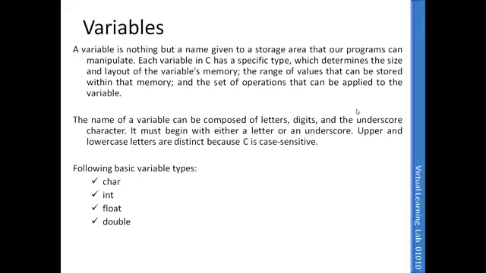If you want to go for arithmetic operations, you must use the int data type, meaning integer type. If you want to store names, addresses and so on, you can use char type variables. If you want to handle currency and so on, you can use float and double data types.